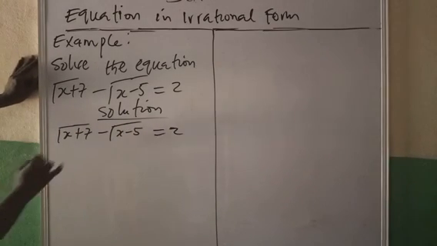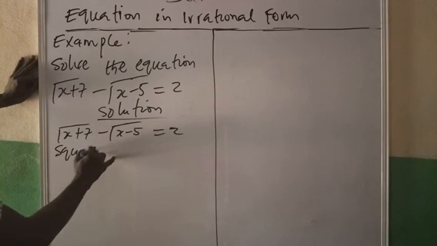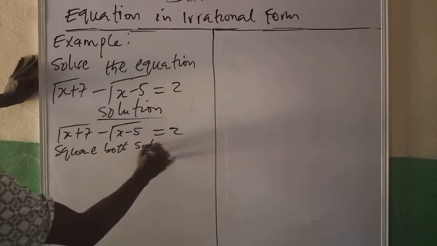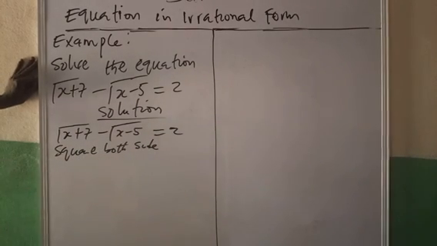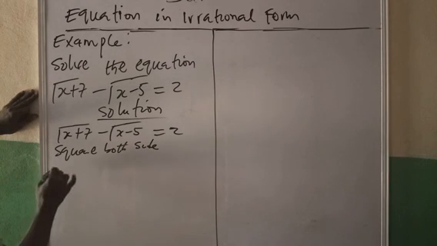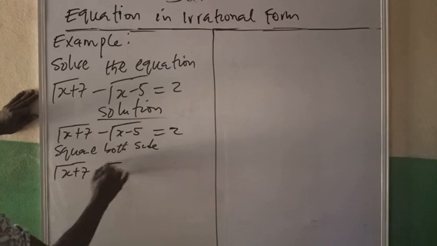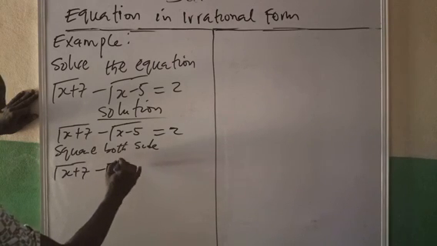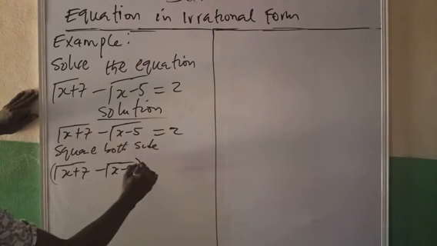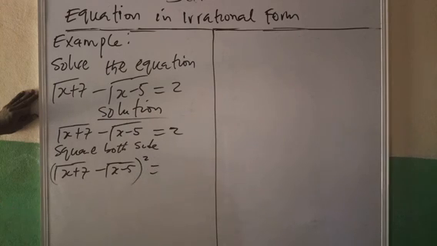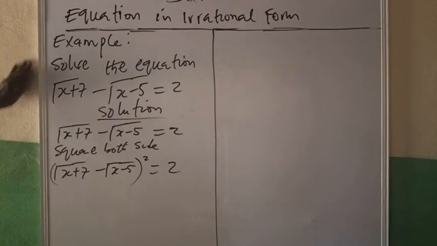Square both sides. Square both sides, I'll have root s plus 7 minus root s minus 5 all squared will be equals to 2 squared, which is 4.